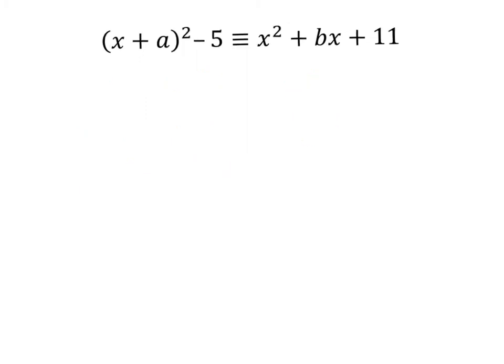In this example, for the left-hand side to be identically equal to the right, what we've got is a bracket being squared. Now we've looked at that previously, and if we have a bracket being squared, that must mean it's the bracket multiplied by itself.